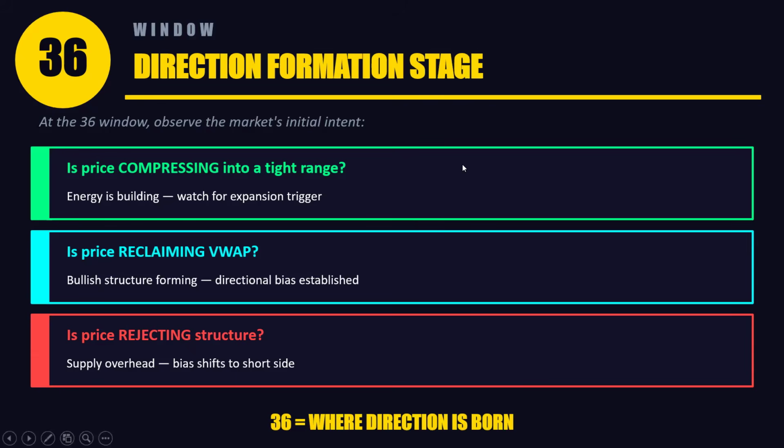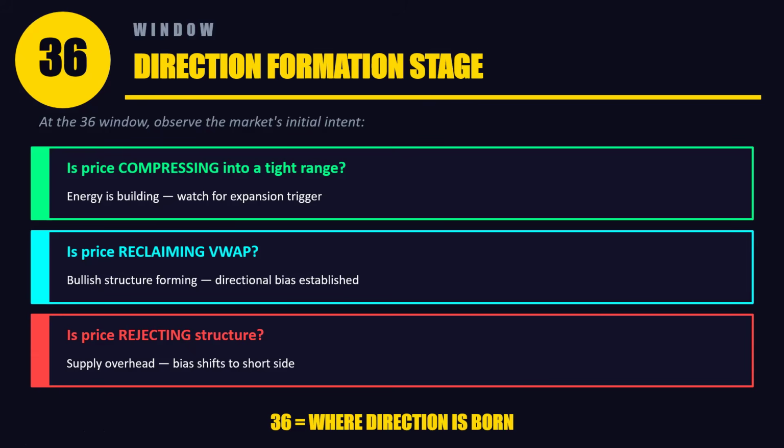You are going to see what it is doing with the price, reclaiming VWAP or TWAP or the rolling pivot, or whether price is rejecting the structure. You will get to know.